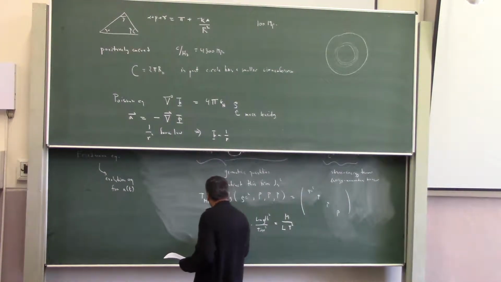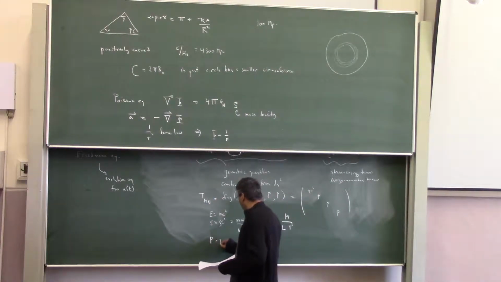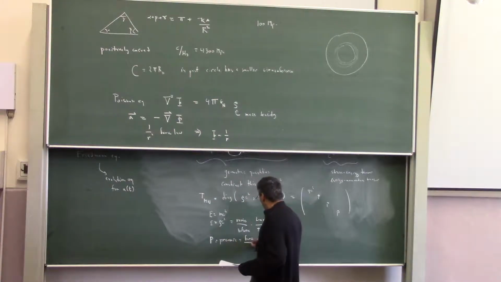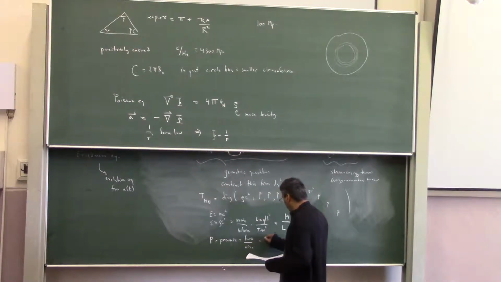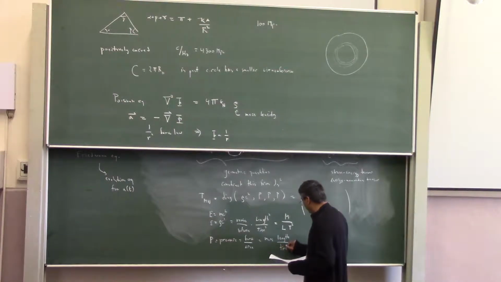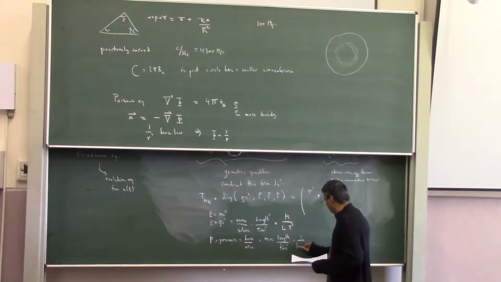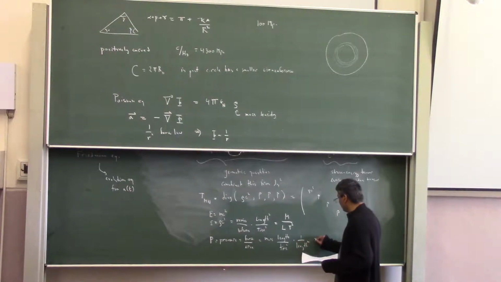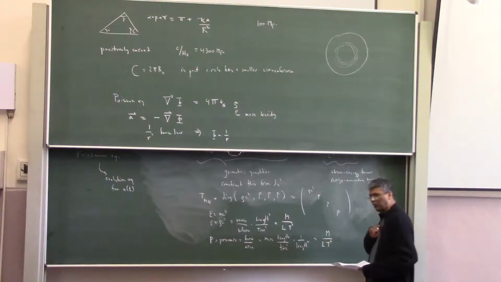So pressure is force per unit area. So this is mass times length per time squared, so it's mass times acceleration. And the area is length squared, so dividing by it gives 1 over length squared. So the units are mass per length per time squared.